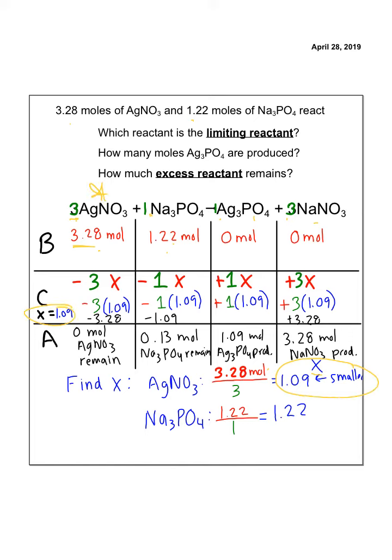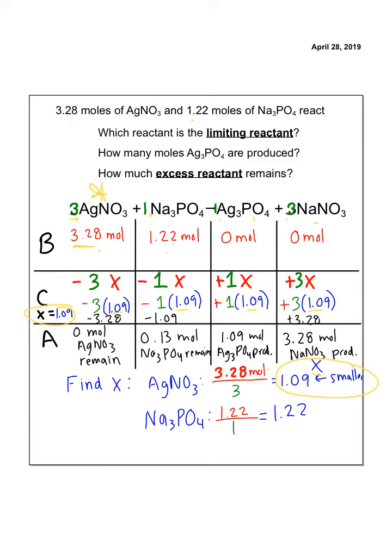Okay, so we're going to plug that 1.09 in, and you can see I kind of solve these when you multiply. And then the very last step is we take the before, 3.28 minus 3.28. We get no moles of AgNO3 left over, which is the sign of the limiting. We get 1.22 minus 1.09, so we get 0.13 moles.